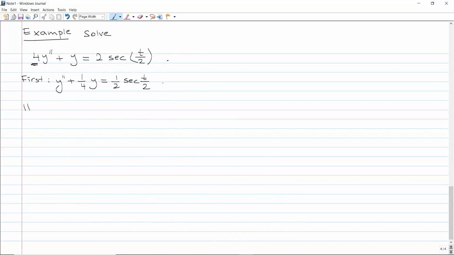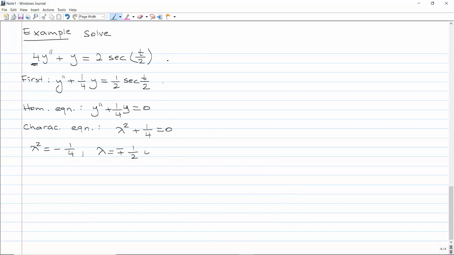We first write the corresponding homogeneous equation, y double prime plus 1/4 y equals 0. From here we write the characteristic equation, lambda squared plus 1/4 equals 0. So lambda squared equals minus 1/4, and lambda is plus or minus 1/2 i.